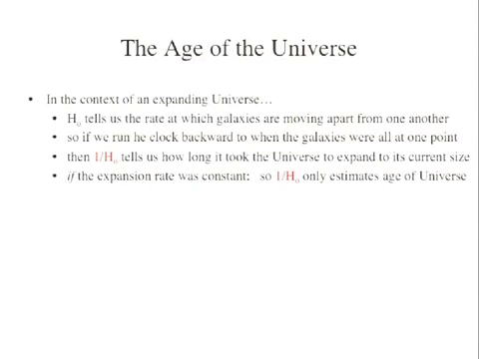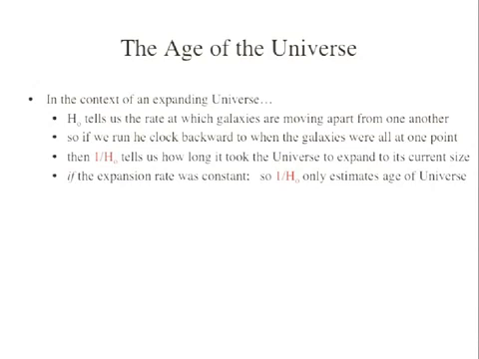And when you do that, they're going to collide basically at a time 1 over H0. This has units of inverse time, so inverse of it gives time. How long the universe took to expand to its present size. And if the expansion rate was constant, that would measure the age of the universe.